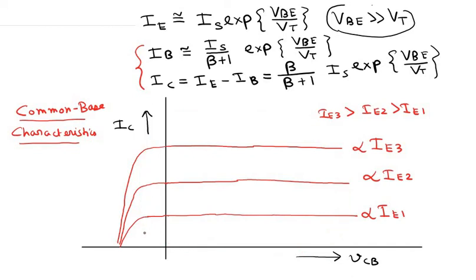Let me draw with a different color here. In the regime where the collector current is constant with the base to collector voltage, only these two equations are valid. Let me draw a straight line here, a dashed line.